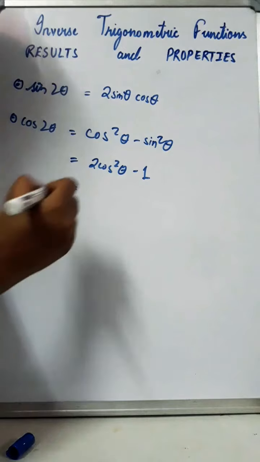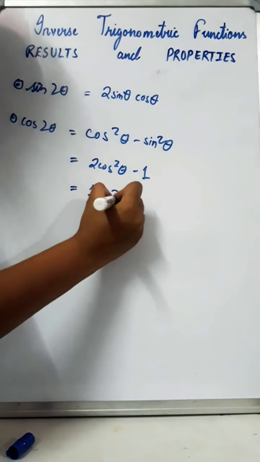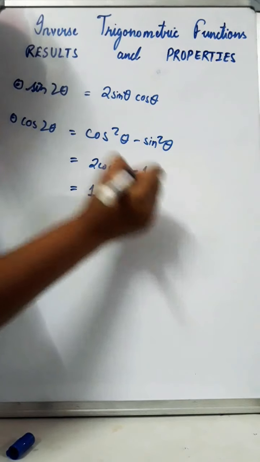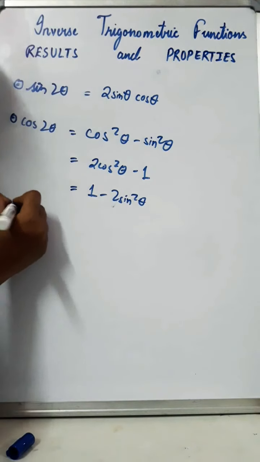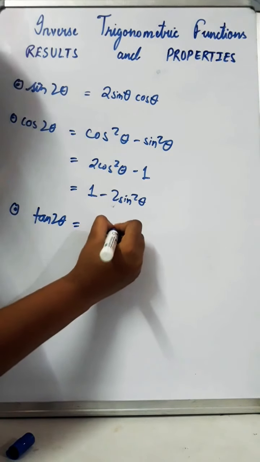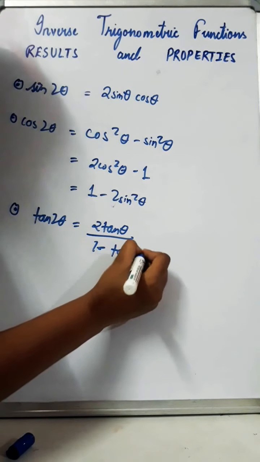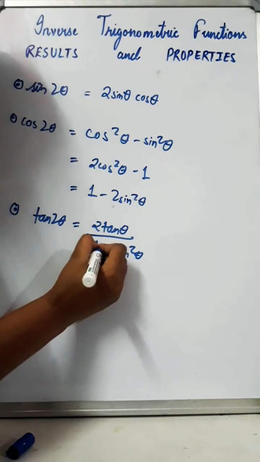And this can also be written as 1 minus 2sin²θ, right? And similarly, your tan 2θ is 2 tan θ upon 1 minus tan²θ. Alright.